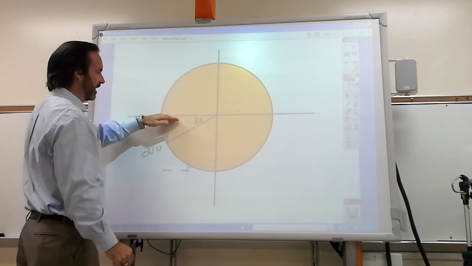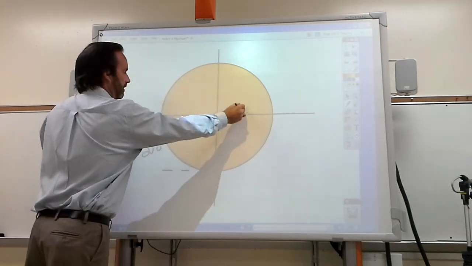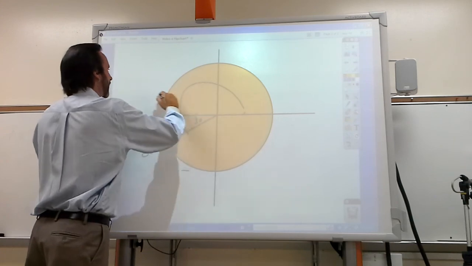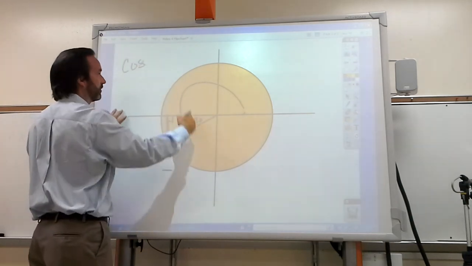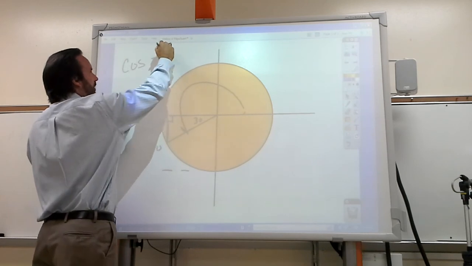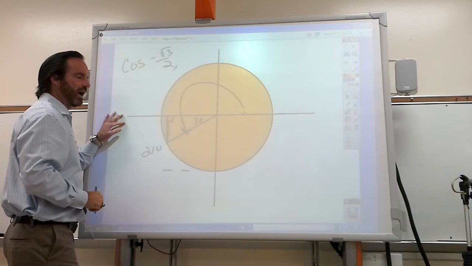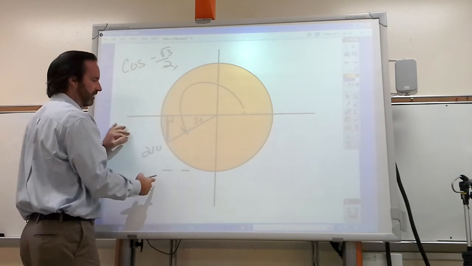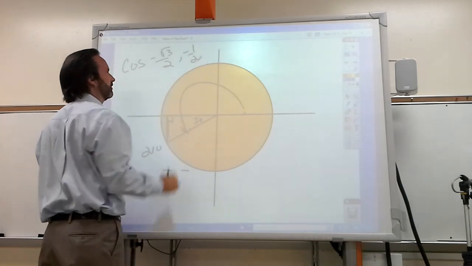Okay, so cosine, because of this triangle, 210 is going to be in this negative quadrant for cosine, negative root 3 over 2, and sine is also negative, and that's the 1/2, negative 1/2.